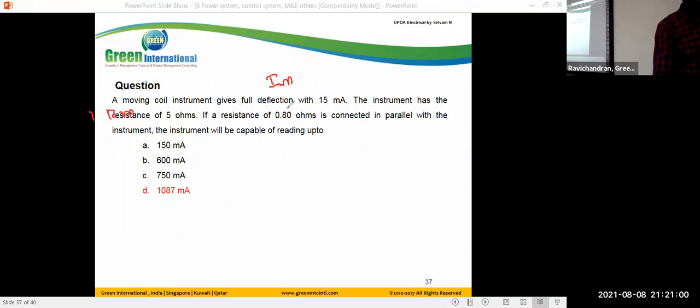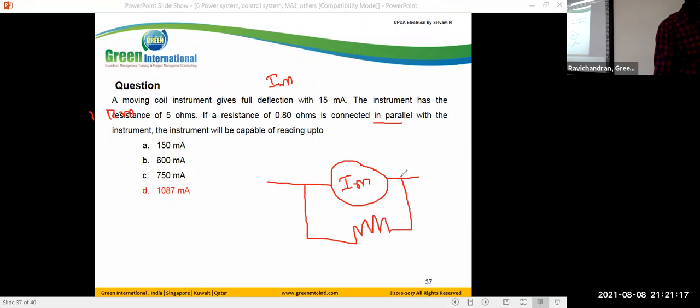If a resistance of 0.8 is connected in parallel with the instrument, that is, we have a meter connected in parallel with the resistance. The resistance value is 0.8. If 0.8 is connected, how much current can we measure? In the previous problem, they gave the current and we needed to find the unknown resistance. Here the resistance is given, and we need to find the current. The same method. Okay?